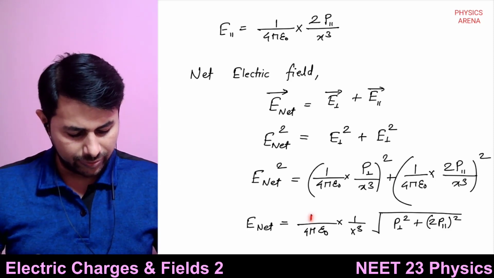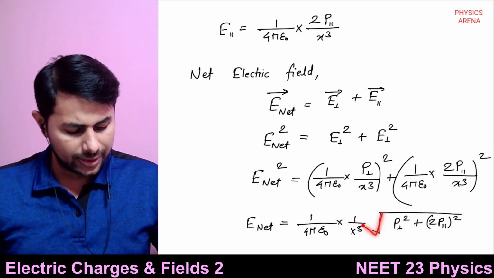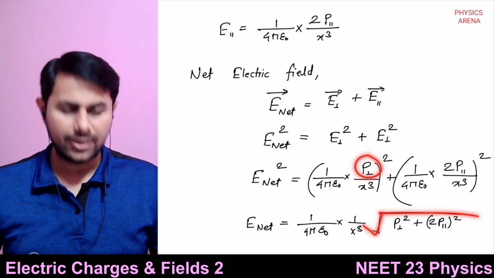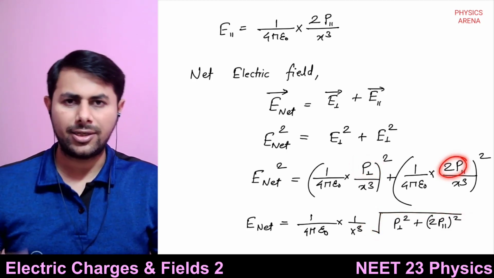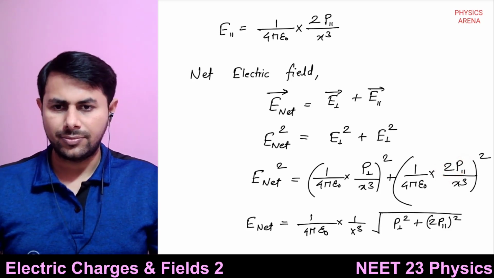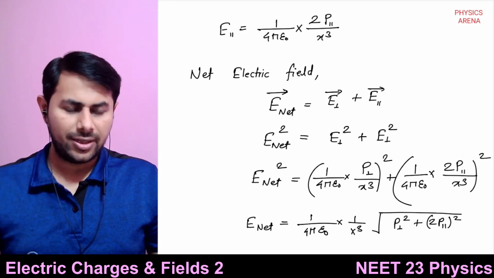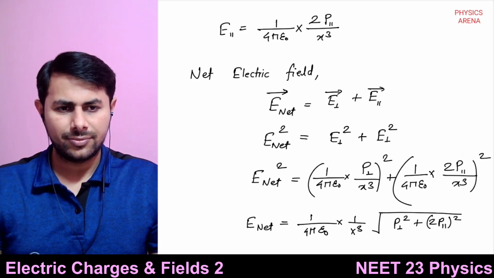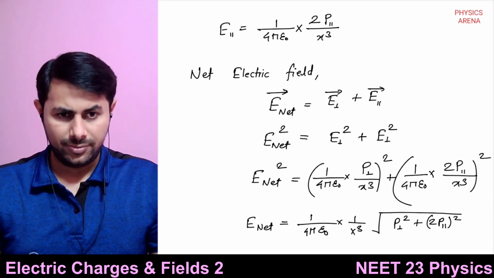So 1 upon 4 pi epsilon naught multiplied by 1 upon x cube I have taken out, and there will be square root of remaining things, which is P perpendicular square plus 2P parallel square. We have square root of that. Okay. Yes, no? Is there any question till this point? Any question?